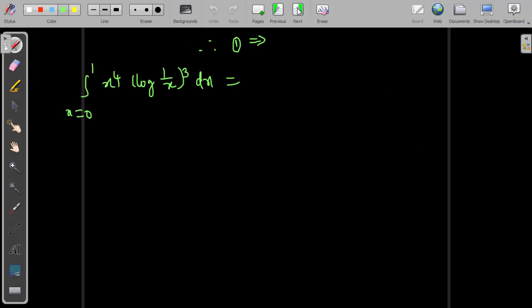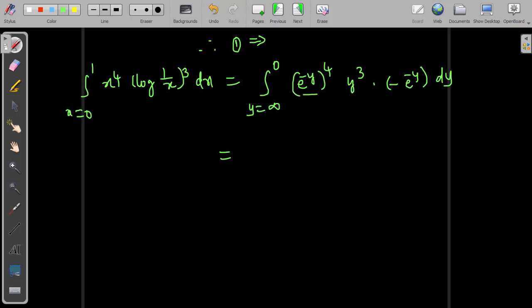So this will be equal to the integral with y limits infinity to 0, x to the power 4, where x is e power minus y, then log 1 by x, which we have taken as y, so y power 3, and dx value is minus e power minus y dy. If you look at the integrand, the bases are equal.